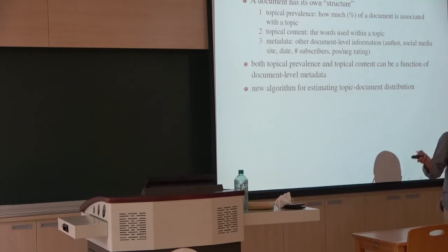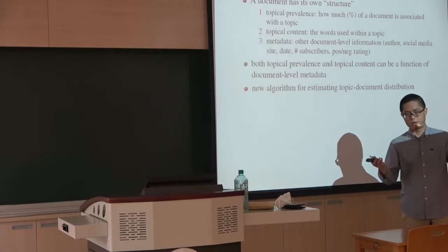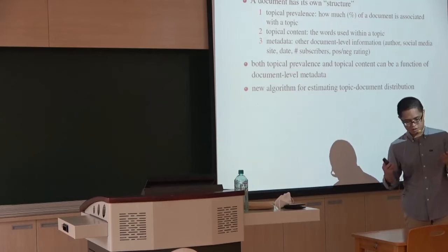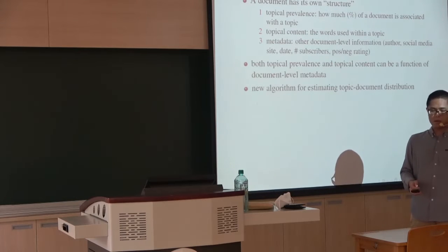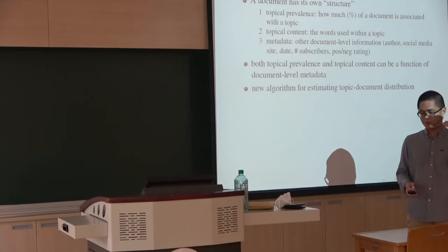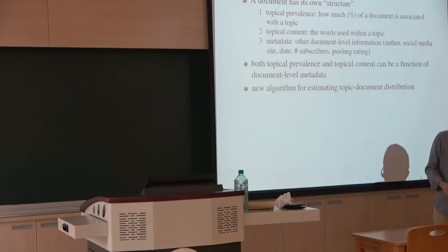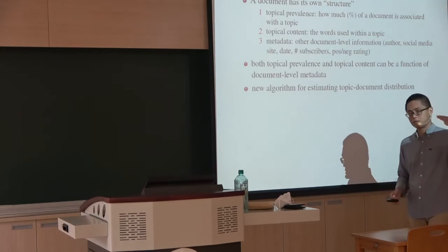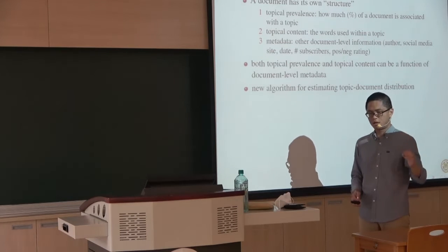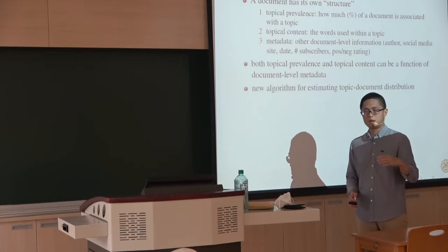So it's pretty much like writing a linear equation, for example, like your LM or GLM model. You can use any meta level information, document level information as your predictor, the right-hand side variable, to predict the distribution or the proportion of topics in a document.